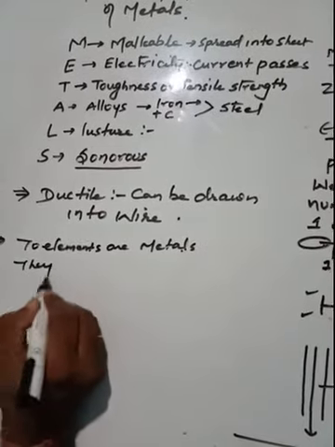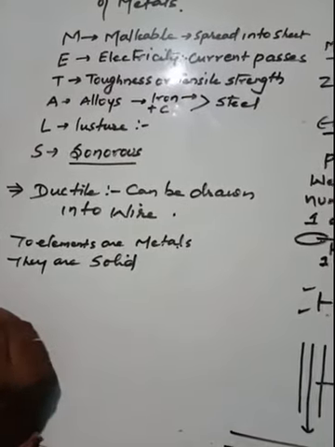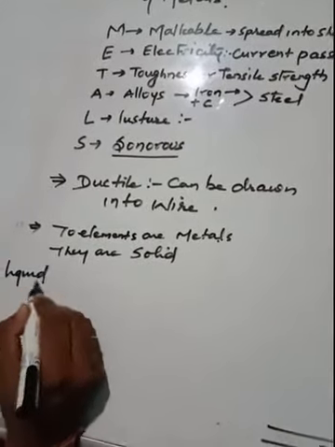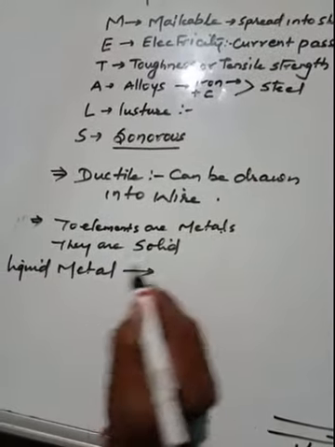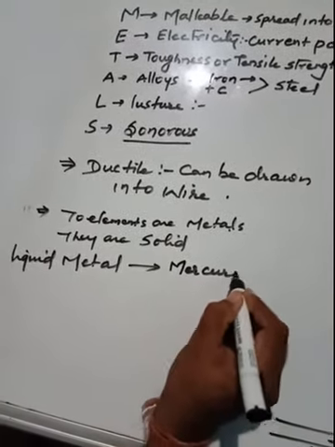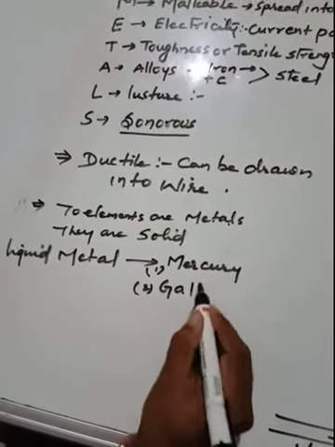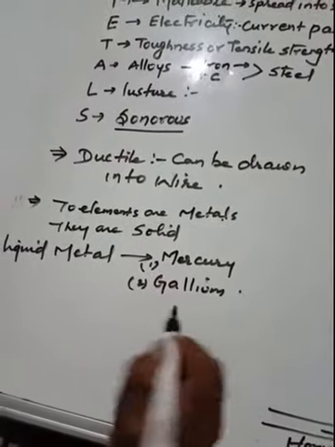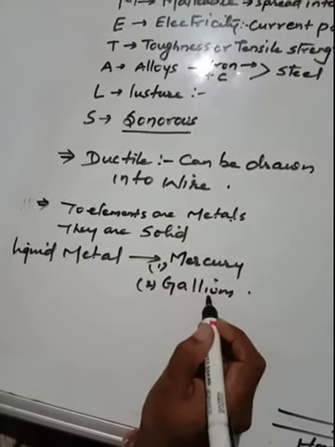They are solid, and there is a liquid metal. In your class, up to your level, mercury has been mentioned. But one more is there, that is gallium, because by gaining the heat of the palm, it melts.